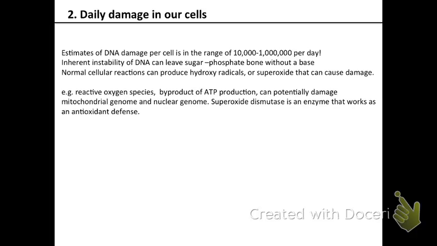All right. Mutation through DNA damage, so that's damage to our DNA, occurs daily all the time. Okay? Estimates of DNA damage per cell are in the range of 10,000 to 1 million a day. So that means our DNA is constantly damaged. Okay? This damage could be due to inherent instability of the DNA itself.